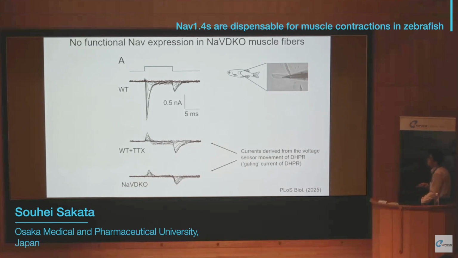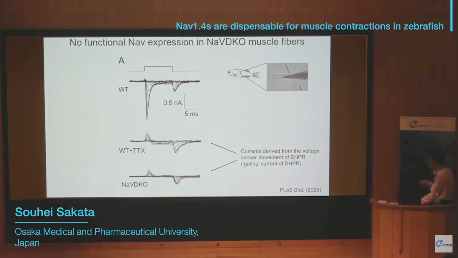To confirm whether the knockout fish lose the sodium current, I performed patch clamp recording from isolated muscle fibers. This is a result from a wild type fiber. We see a clear inward sodium current like this. In addition, if we add TTX, the inward current was gone and an outward current emerged.